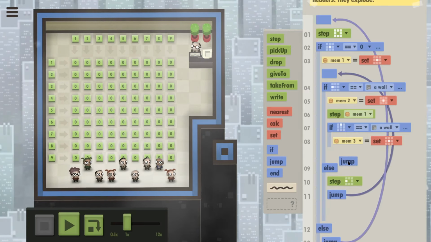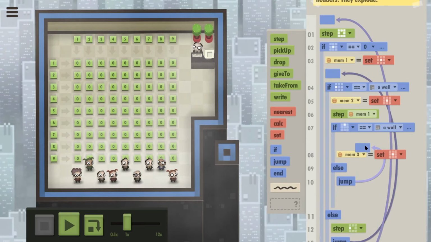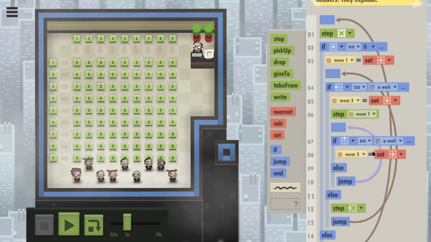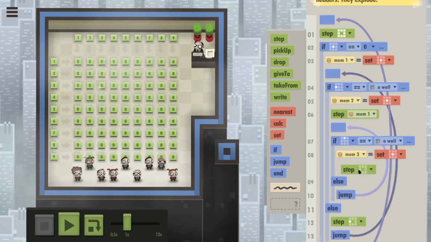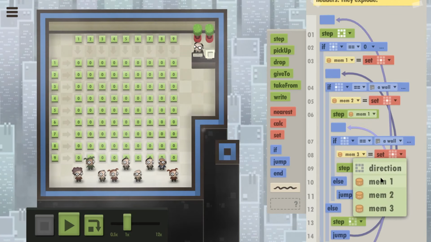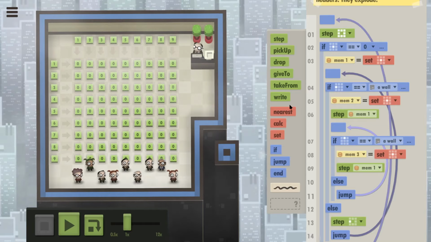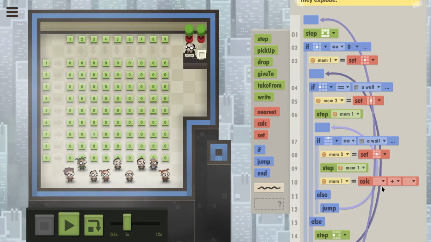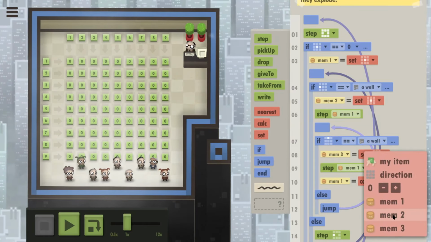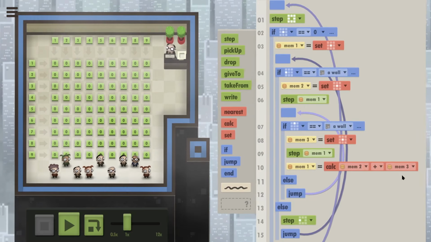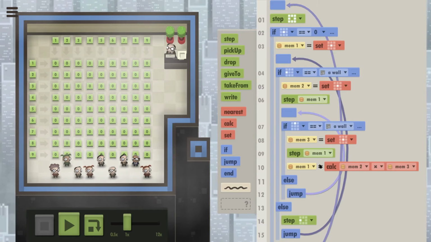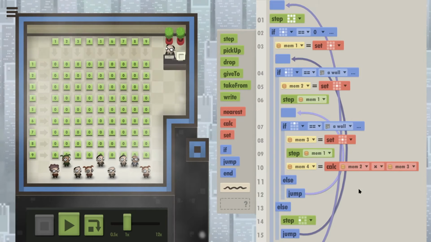Else jump to here. Then we step to memory 1. Then we calculate memory 2 times memory 3 equals memory 4.